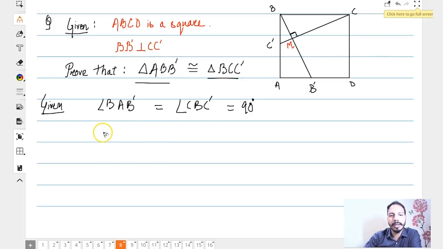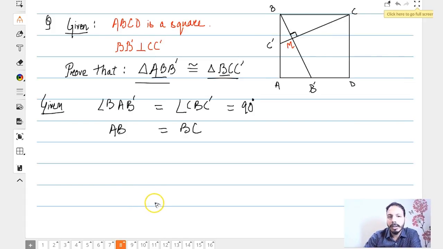Also we have one more thing, that AB is equal to BC, because this is a square, right? So if this is a square, the sides are equal.